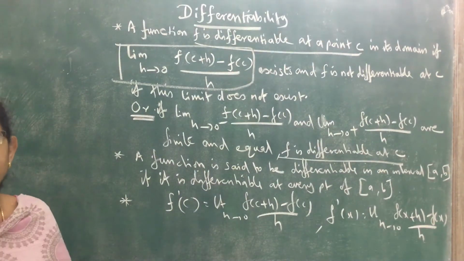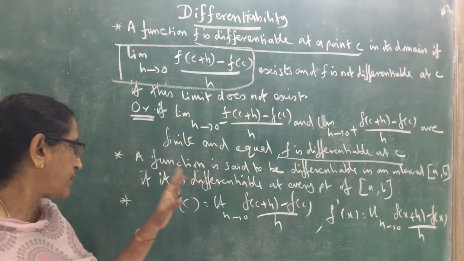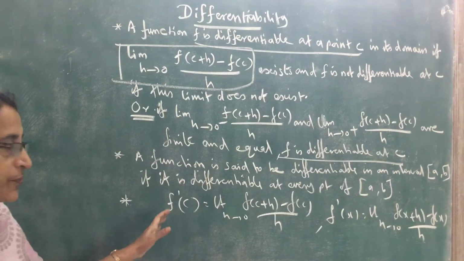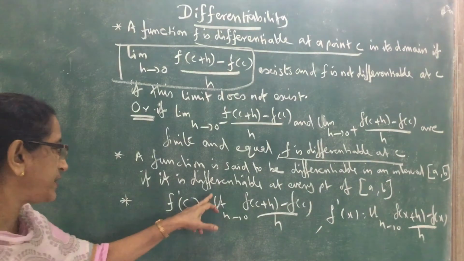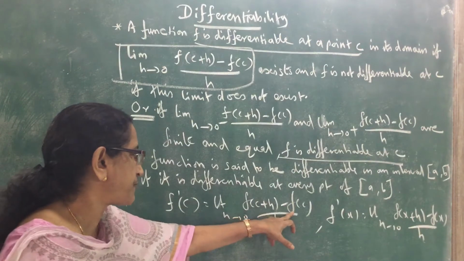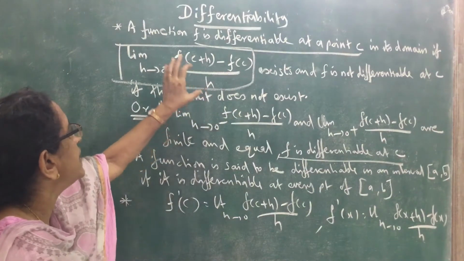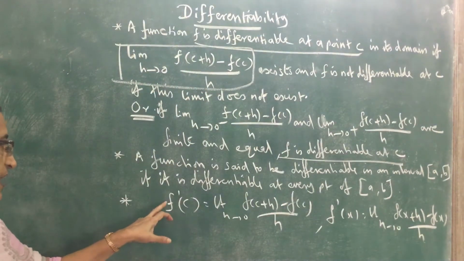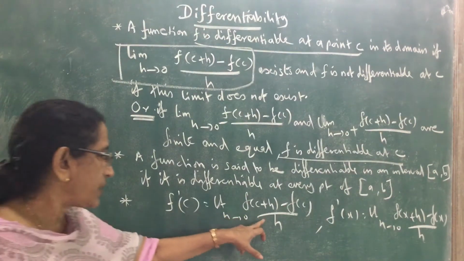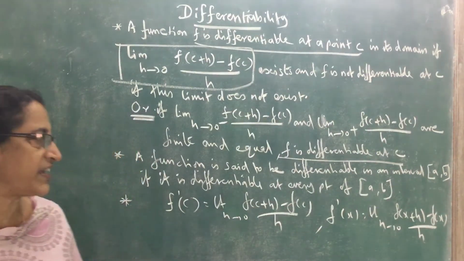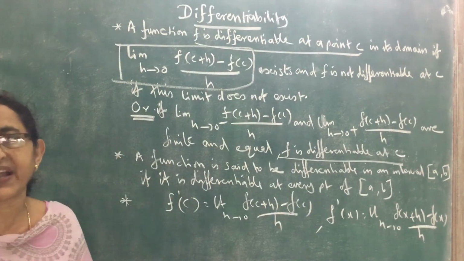Now, if the function is differentiable, f dash c, the derivative of f(x) at x equal to c, is defined as f'(c) equal to the limit as h tends to 0 of (f(c+h) - f(c))/h. That limit is called the derivative f'(c). And generally we can write f'(x) equal to the limit as h tends to 0 of (f(x+h) - f(x))/h.